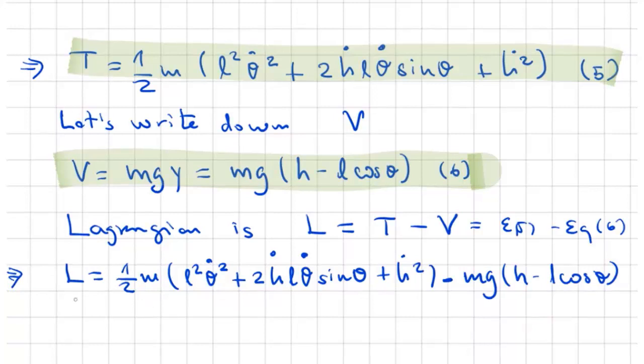This is the Lagrangian, and we call it equation number 7. And let's highlight it. This is the Lagrangian of the system, of the pendulum. And this is part A of the problem. Let's do part B.